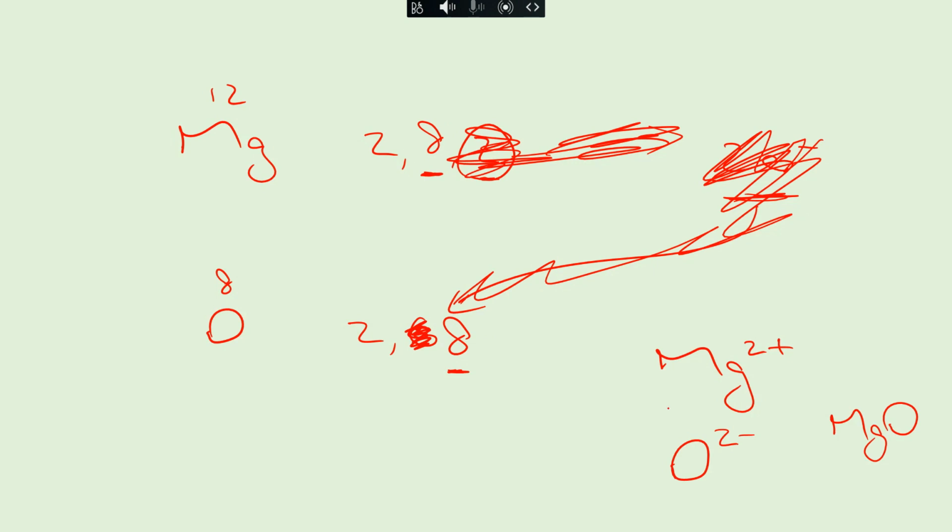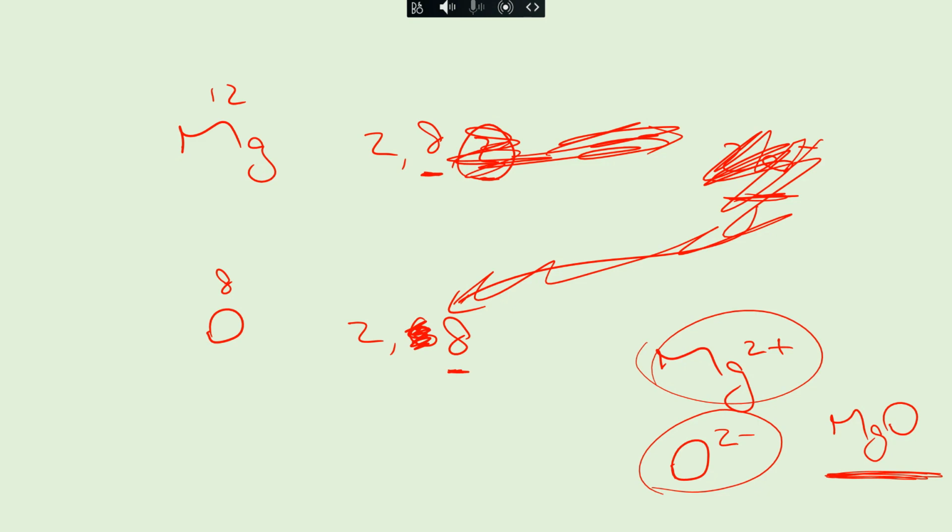If we put this magnesium ion together with this oxide ion, we can see that because we have a 2 plus and a 2 minus, all of the charges will cancel out quite nicely. And that's what we want. This magnesium oxide, our compound, doesn't have a charge. But we've only needed one magnesium and one oxide to cancel out all charges. So we can just throw them together and call it MgO. That is the formula for magnesium oxide.